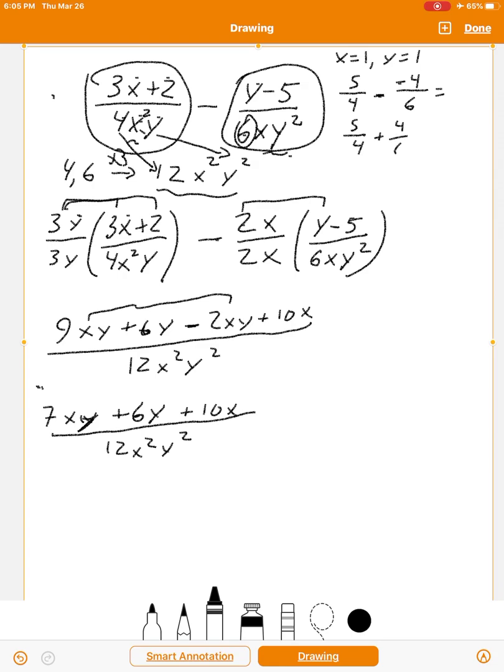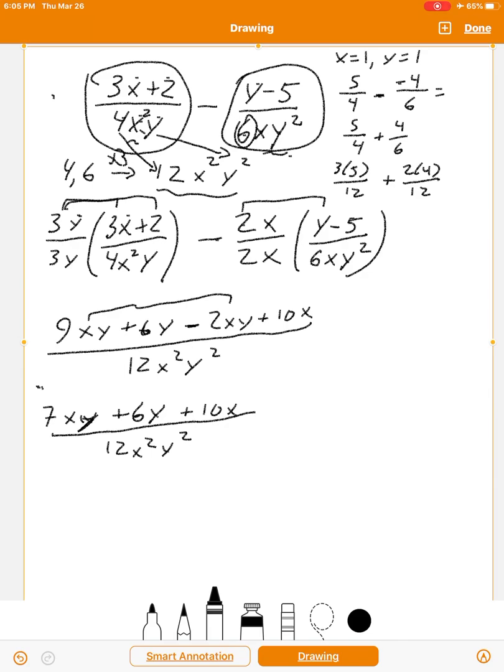plus 4/6. And then again, you could note that for 6 and 4, the lowest common factor is 12. So 4 goes into 12 3 times. So that would be 3 times 5 over 12. And then 6 goes into 12 2 times, so 2 times 4 over 12. Or you could just use the calculator.